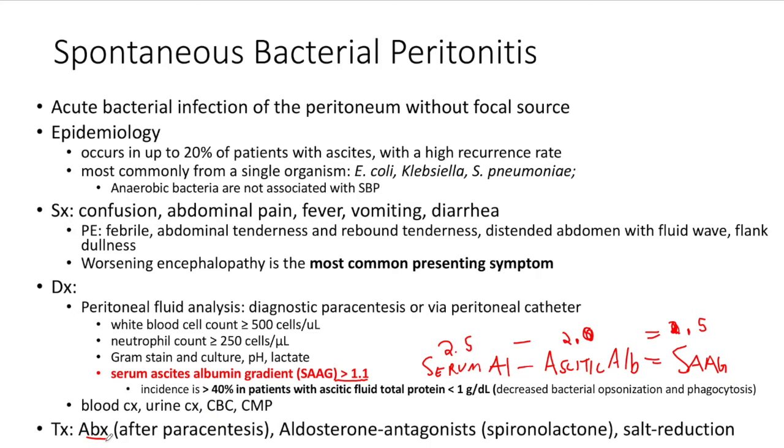In terms of antibiotics, you want something that is going to be effective against these few bacteria. Fluoroquinolones are frequently given. If it's a more serious infection, our patient's a lot sicker, you can even just go straight to clindamycin, which should be effective in these cases. Okay. Aldosterone antagonists such as spironolactone, and in general, salt reduction is helpful for ascites.